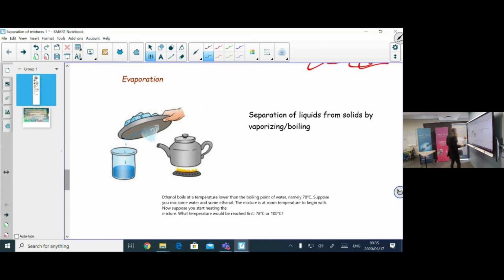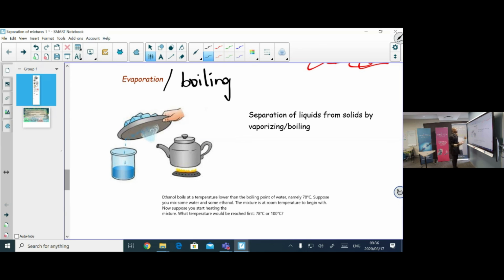Evaporization, as you remember in phase change, we discussed as the boiling of materials, right?